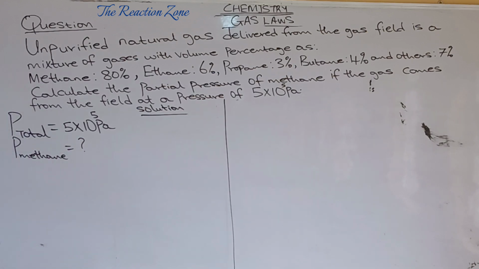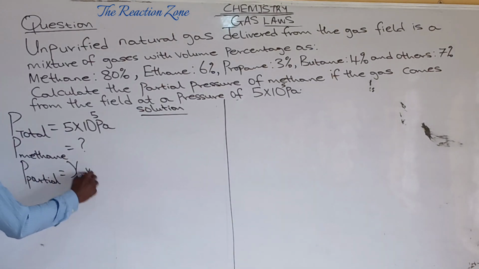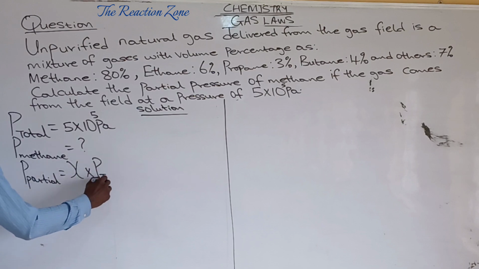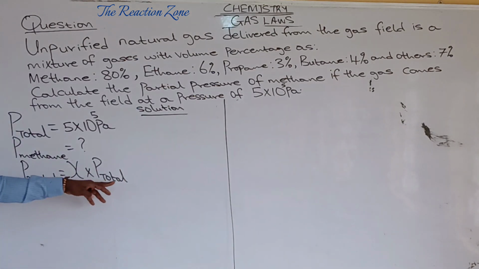But to find the partial pressure of any gas, we need to know the mole fraction of the gas. Why? Because partial pressure is the product of mole fraction and the total pressure. So, the mole fraction multiplied by total pressure is equal to the partial pressure of any gas.